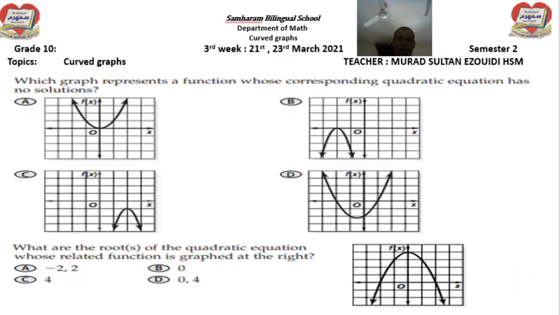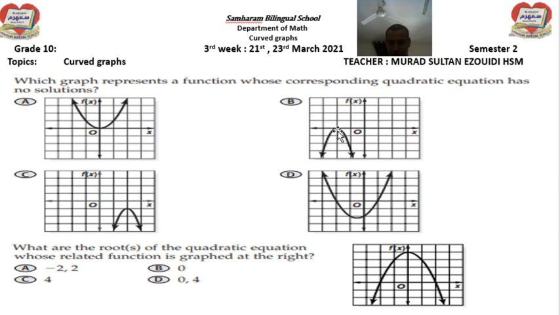Clear? The second part: use the graph to find which graph represents a function whose corresponding quadratic equation has no solution. No solution means what, my learners? It means that the x-intercepts or the roots are not real. It means the curve will never cut the x-axis. This one cuts the x-axis at the point 0, 0, a double root. This one is upwards, this one is downwards.